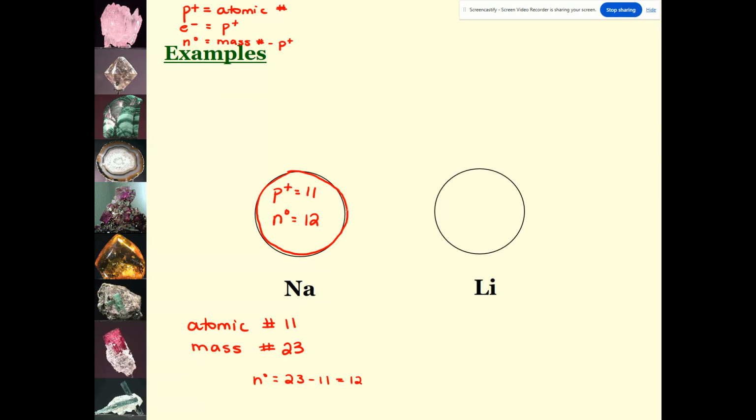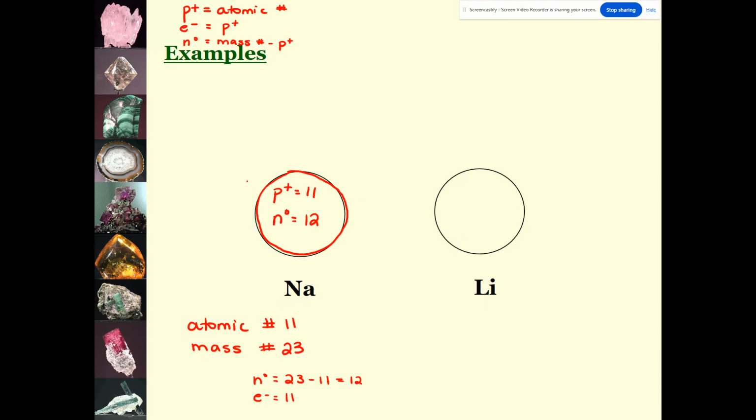This circle represents the nucleus. Now, the number of electrons I'm going to have is equal to the number of protons, which is 11. Now, my electrons, like I said, are not inside the nucleus, so you don't put electrons in here. The nucleus only contains the protons and neutrons.